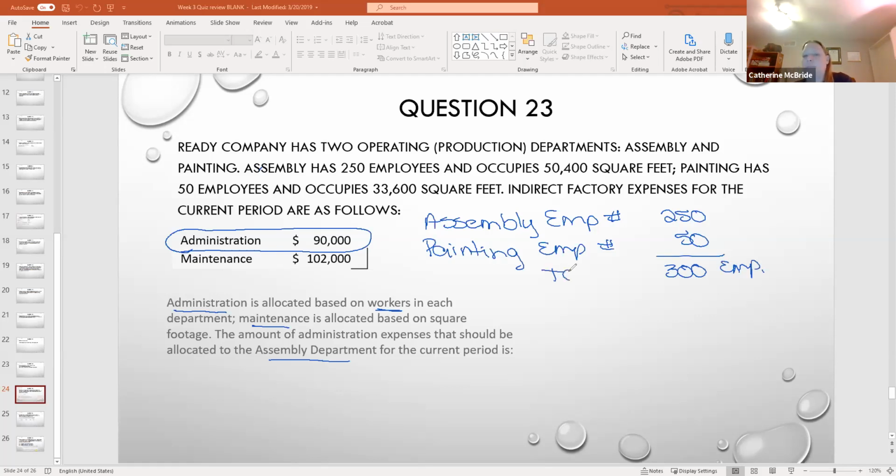So we want to allocate the cost to the assembly department. So we're going to say, okay, we have $90,000 to allocate times the assembly is 250 employees out of 300. So we're going to give the assembly department $75,000 worth of the costs.